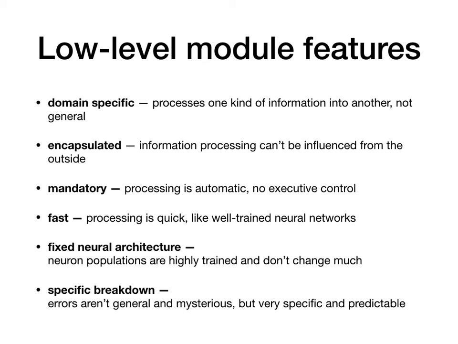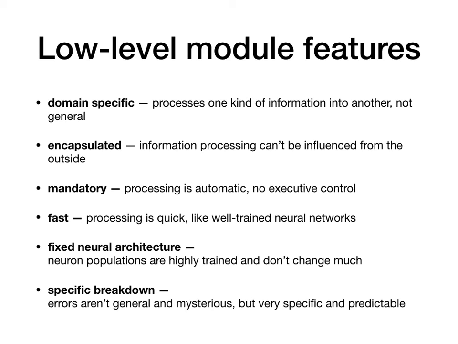So a low-level module, a very, very specific, hyper-specific module, needs to be domain-specific. So it needs to process one kind of information into another and not be general. We can't just give it images or sounds or thoughts or information from a different place. It needs to be very specific, right?